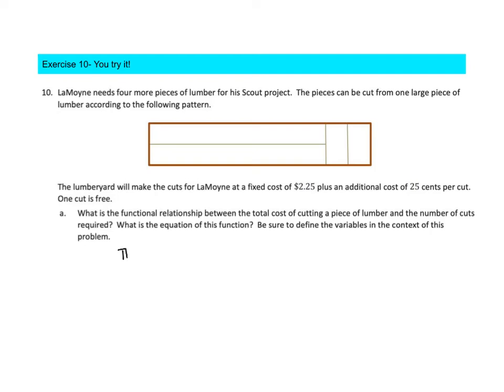You always want to start with the monthly cost or the total cost depends on, and I want you to finish that sentence. So depends on what? Okay? I'll give you a second to do that. All right. So you should have identified that the total cost depends on the number of cuts.